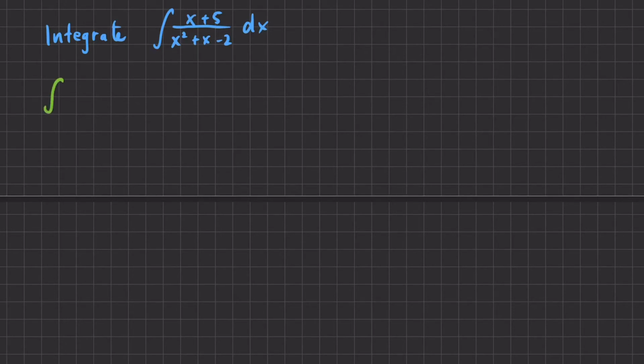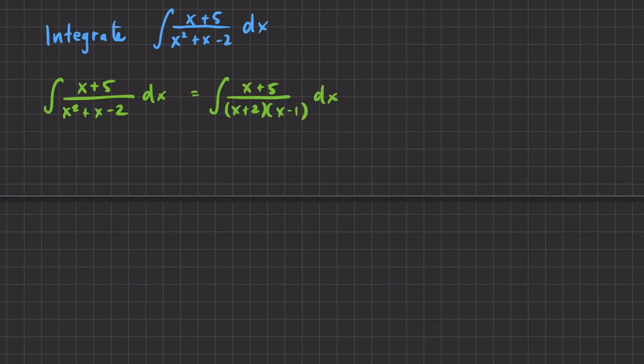So we'll note that the integral of x plus 5 over x squared plus x minus 2 dx is equal to, well, first of all, we'll factor the denominator. So we've got x plus 5 over x plus 2 times x minus 1 dx. And that's equal to the integral of, and I'll turn that into one big set of brackets.